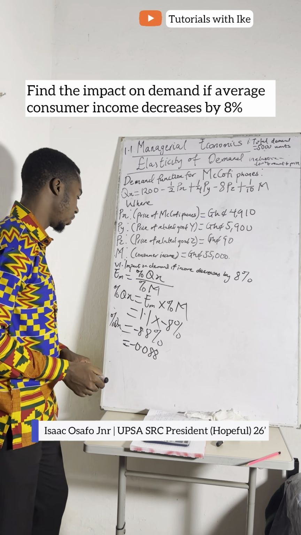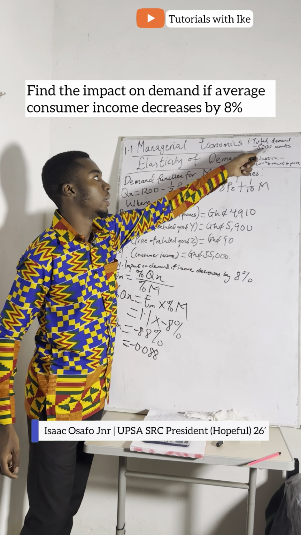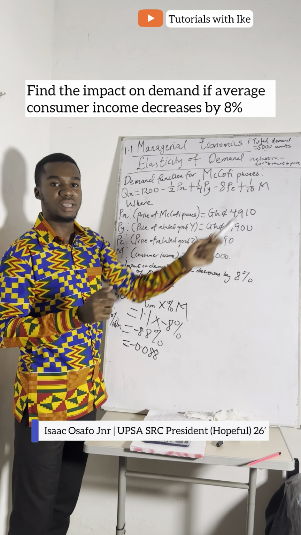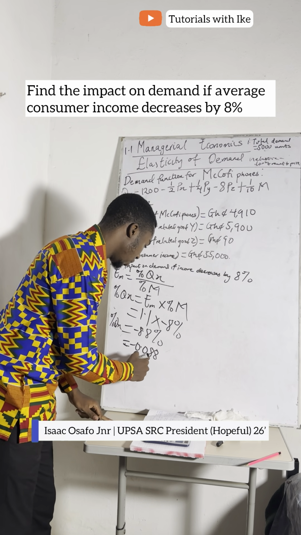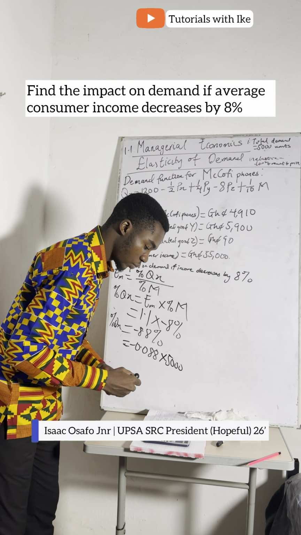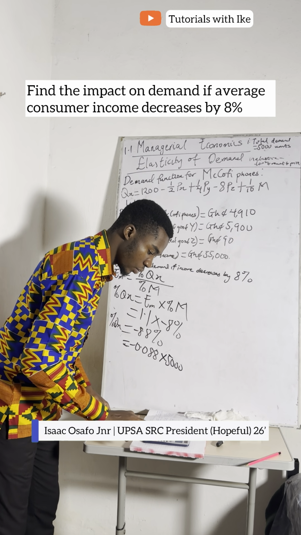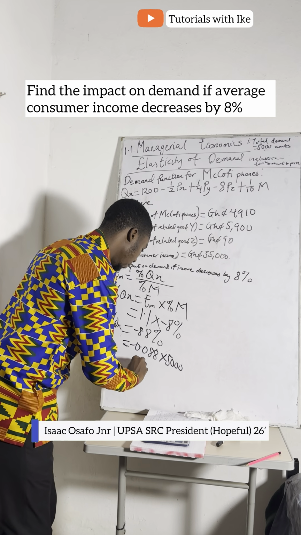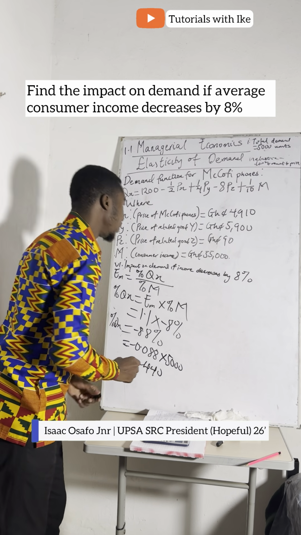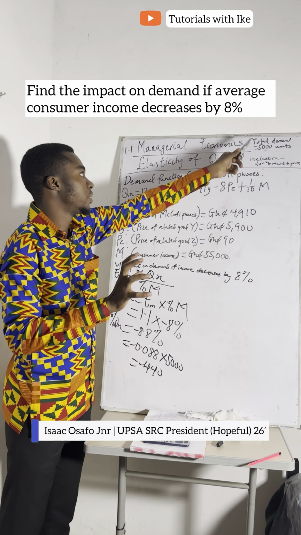So now we can multiply the negative 0.088 times the old demand to see the actual decrease in it. So negative 0.088 times the 5,000. When we multiply it by 5,000, we are getting negative 440. So it means that it decreases by 440. So from 5,000, it decreases by 440.